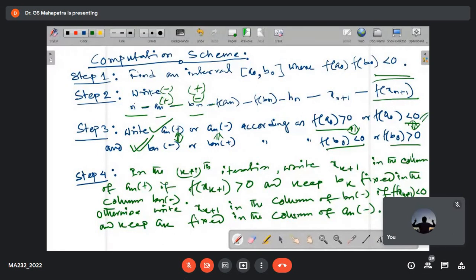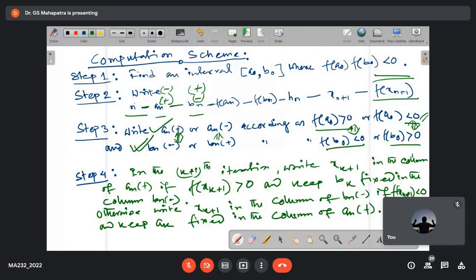Am I correct? The last line. Okay, so a n plus. Good. So this is the step 4.